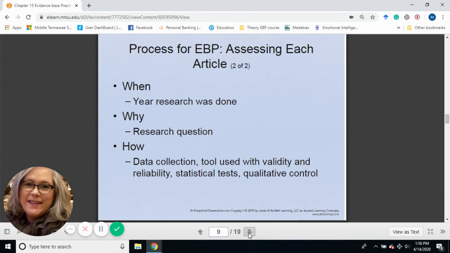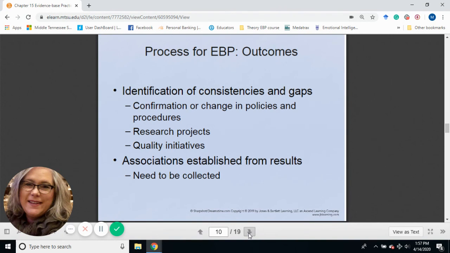How was the data collected? What was the validity, reliability of their tools, their outcomes, the statistical tests? Did they have control? If they're doing a quantitative study, was there a control? With a qualitative study, how can we ensure rigor with that study? So we're critiquing the articles. We look at gaps and inconsistencies, look at other projects.